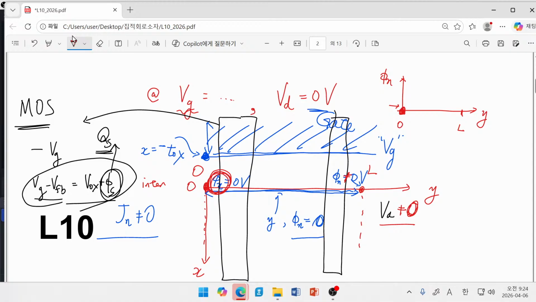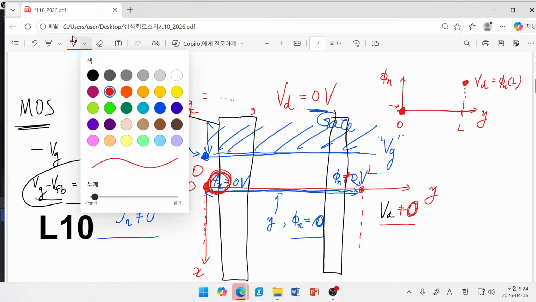But when we have a non-zero bias voltage for our drain, then it means that we have a certain non-zero value for VD, which is equal to phi n at position equal to L. In this case, the question is, what is the intermediate behavior of our electron quasi-Fermi potential? That's the main problem of this situation.